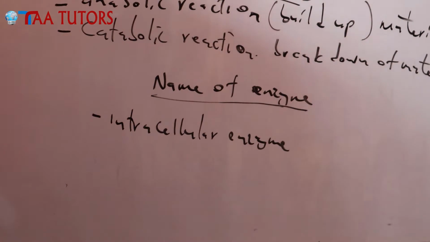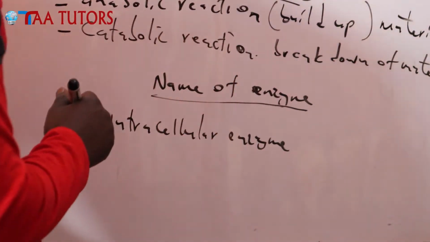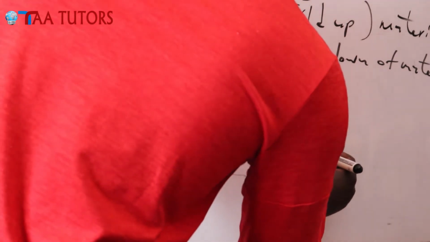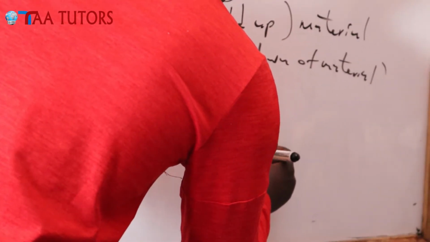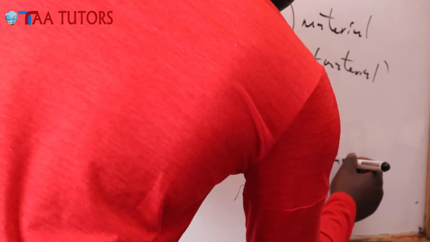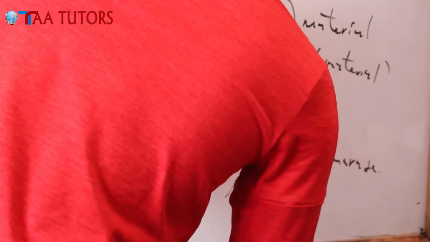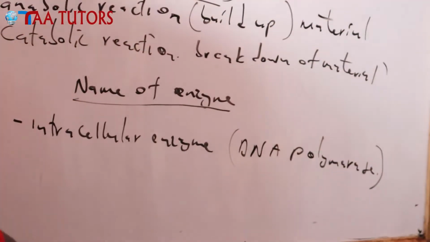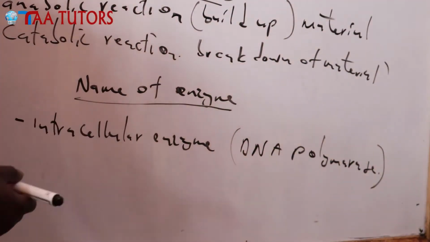So that is intracellular enzyme. An example is what is called the DNA polymerase. This is an enzyme that is produced within a cell and it is working within that particular area. So that is an example.